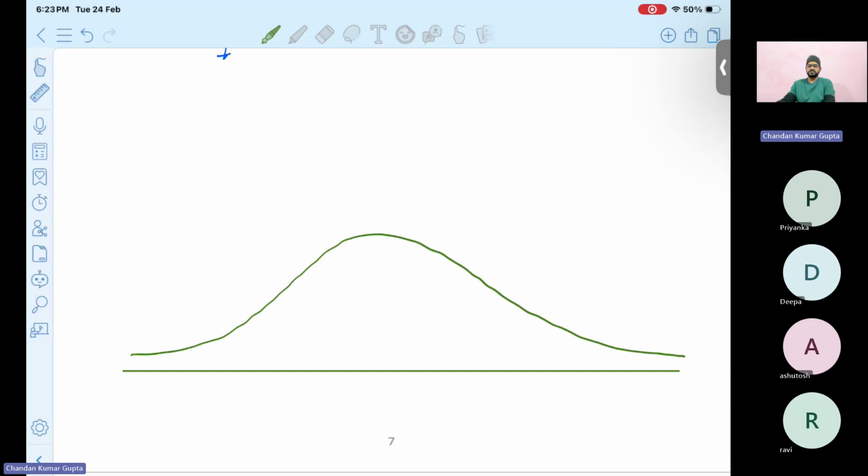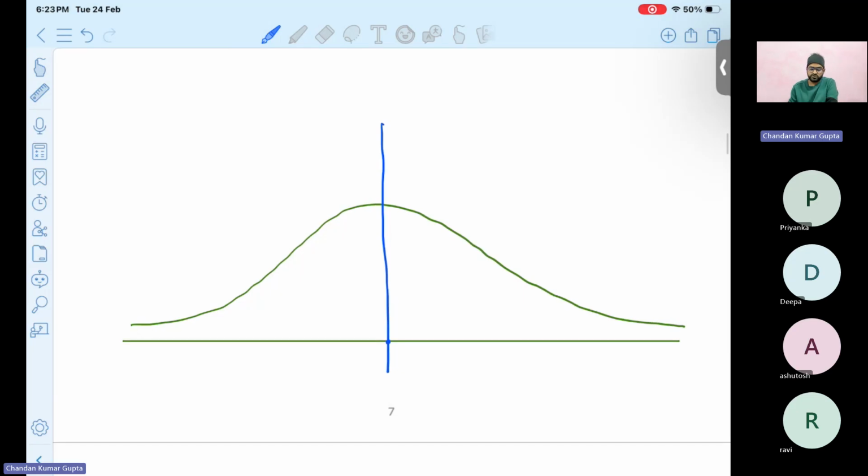Obviously it is symmetric because it's the normal curve. Suppose this is our mean value, and this is the standard normal curve. So the mean value for z is equal to 0.